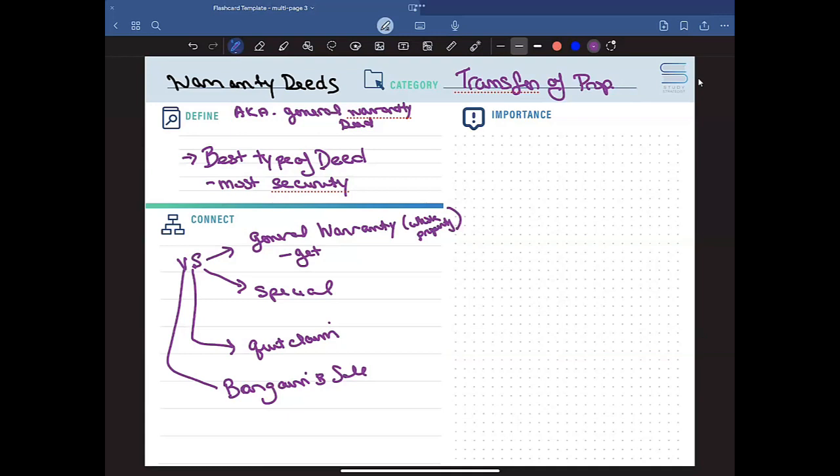Now that's where I'm going to change it a little bit for you. With a general warranty, you get promises, or what we call covenants, all the time. So if I give you a general warranty deed, let's say you're buying my property called Green Acres. What I'm saying is, look, you're going to get Green Acres, and I promise you I'm giving good title, and I'm promising there won't be any negative encumbrances.